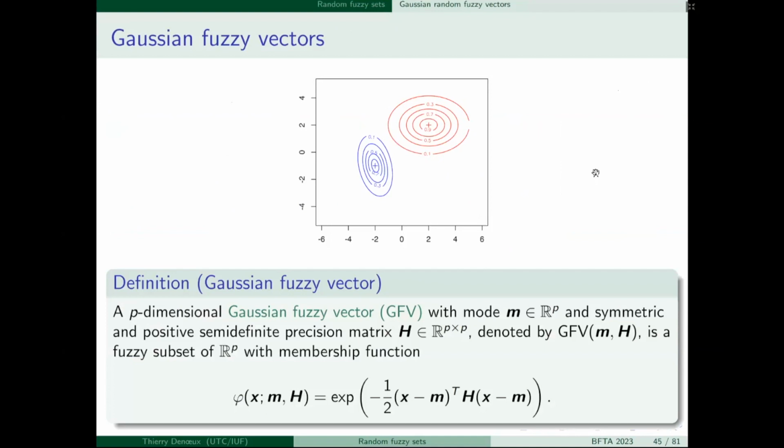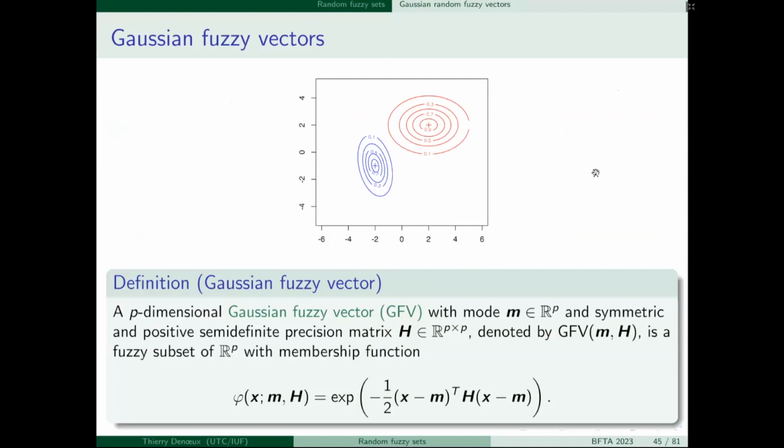Here I represent contours of the membership functions of 2 different Gaussian fuzzy vectors. Now you guess that I will allow the mode to be a Gaussian random vector, a multidimensional Gaussian variable.